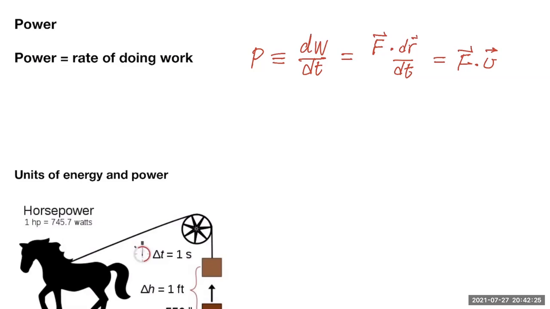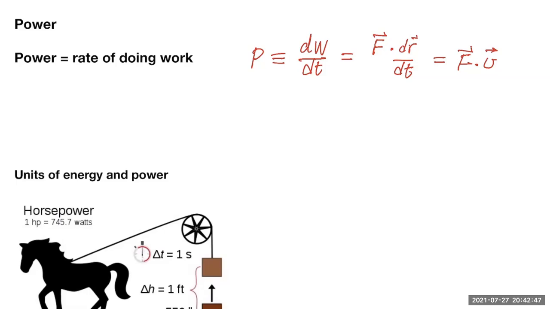The centripetal force is not delivering any power, which means it cannot do any work, which means it cannot increase the kinetic energy. No wonder it is what's called uniform circular motion, because the speed cannot change as the kinetic energy cannot change. So that's a special case. Okay, so that's the definition. So just how fast work is done.